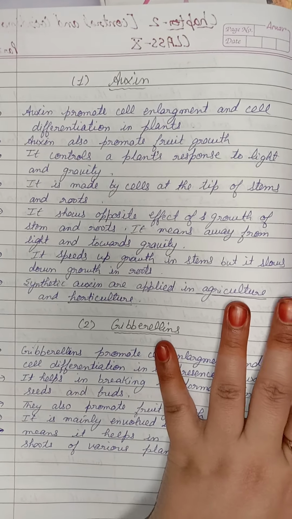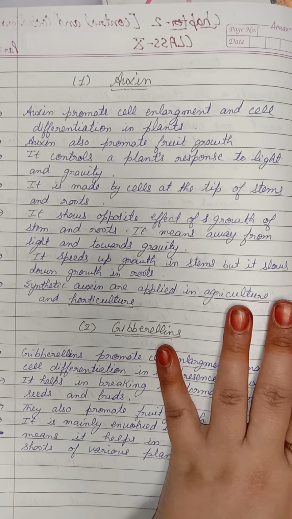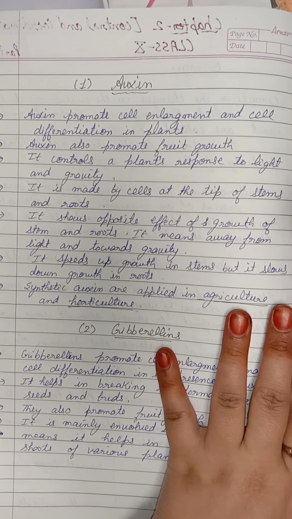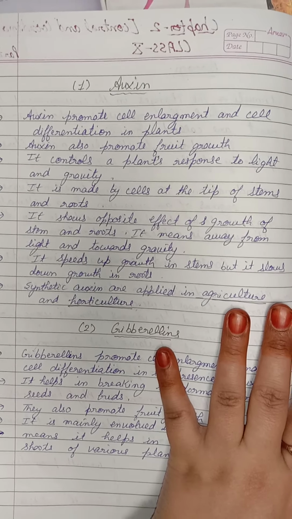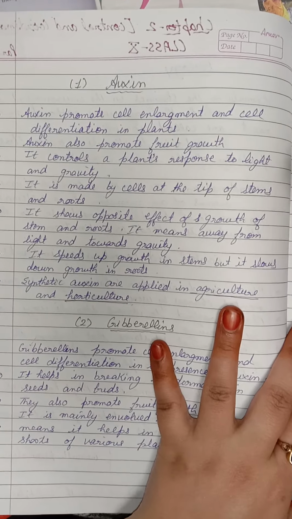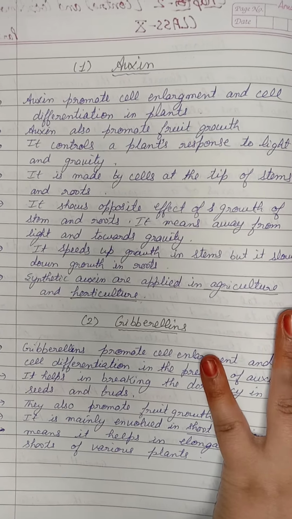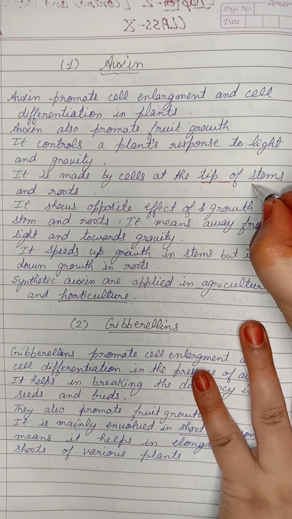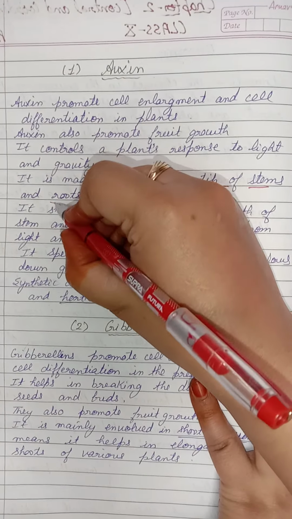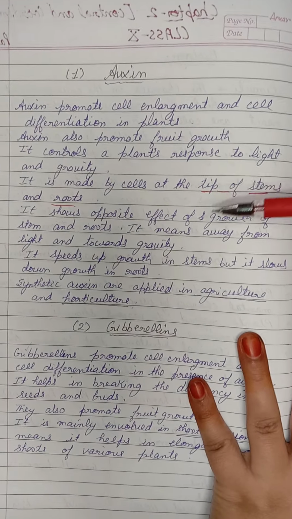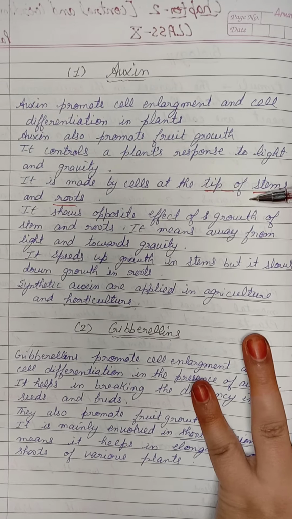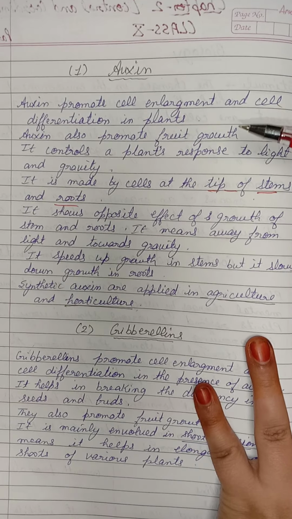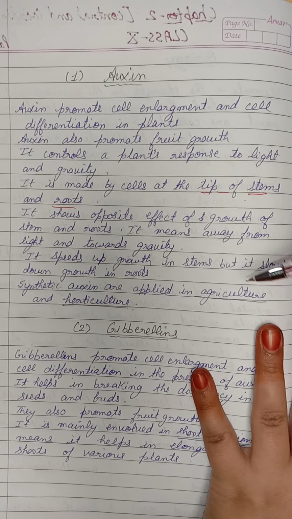Auxin is stimulated by light, meaning it functions when it gets light or gravity as a stimulus. It is normally found at the tip of the plants, meaning the tip of the stem and the roots. In the stems it shows a positive effect, and in the roots it shows a negative effect.